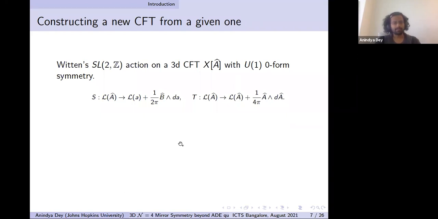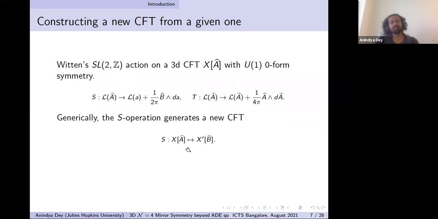So that's the SL2Z action. Generically, the S operation will generate a new CFT, as gauging of degrees of freedom is involved, while the T operation will generally just add some background Chern-Simons levels.